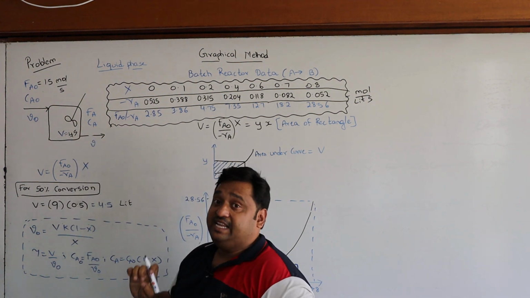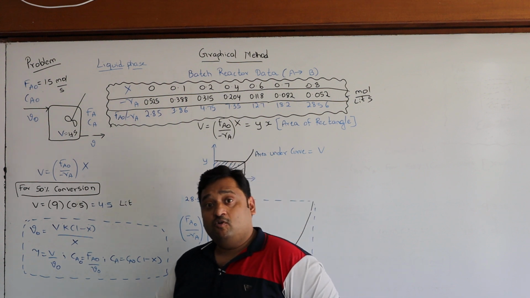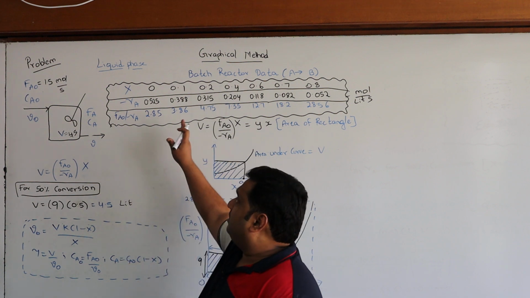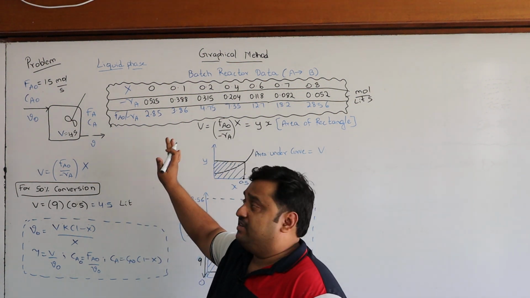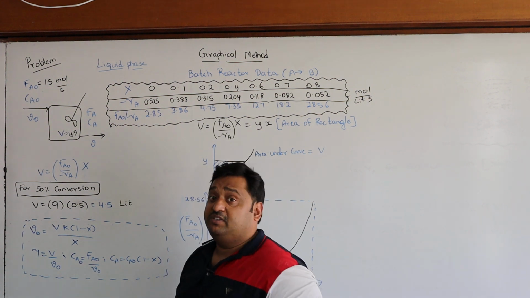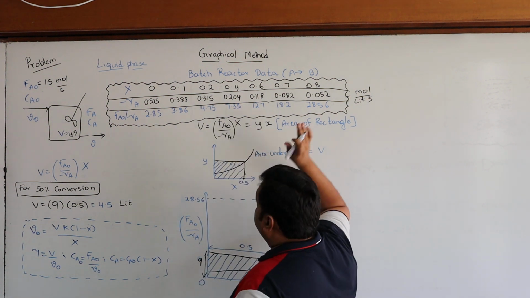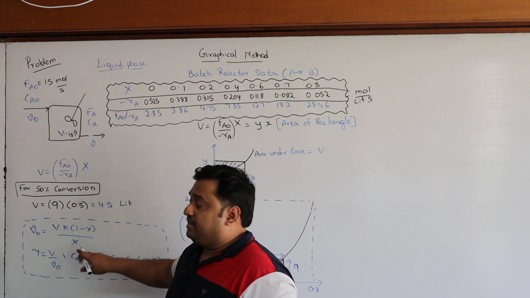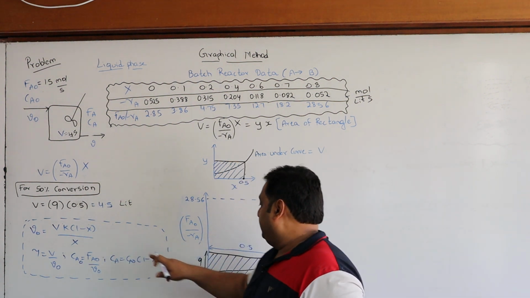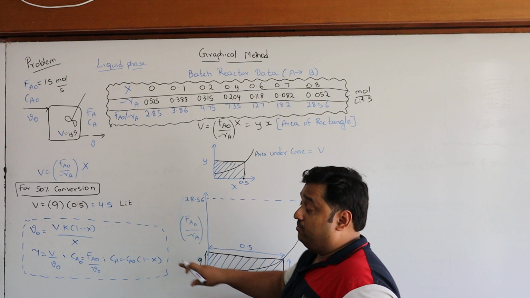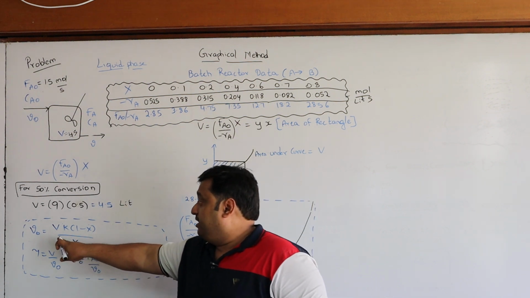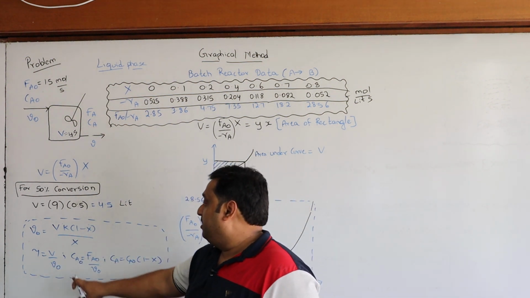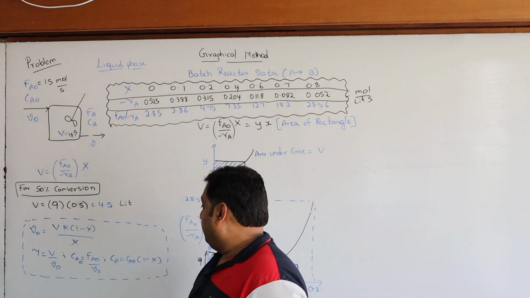A 4.5 liter reactor is required, and if you know the volume, you can calculate the volumetric flow rate, because the exercise we are doing is for a liquid phase reaction. For a first order liquid phase reaction, the equation is nu 0 equals V into K into (1 minus X) by X. If you know K, and the conversion is again 0.5 because we estimated the volume for 50% conversion, you can get nu 0, the space time tau as volume by volumetric flow rate, the initial concentration and the final concentration.